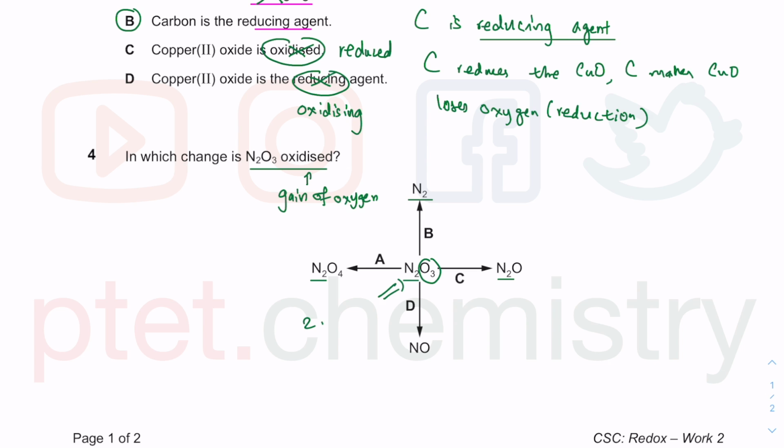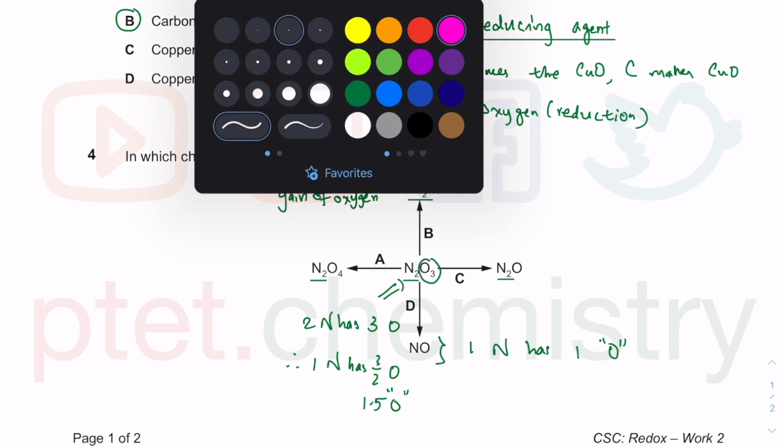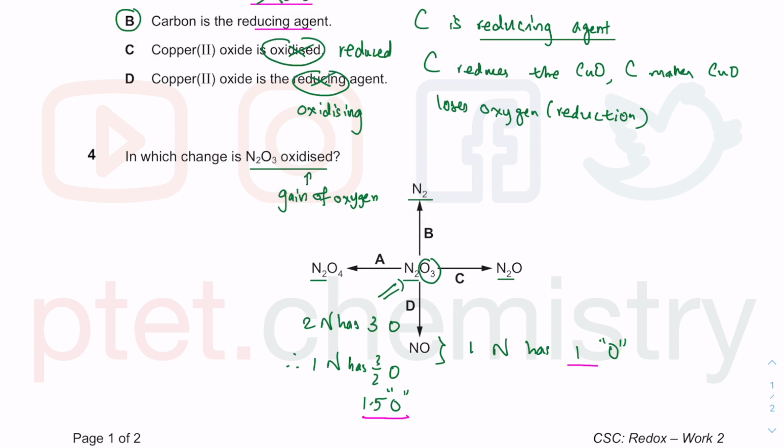So 1 nitrogen has 3/2 oxygen, that is 1.5 oxygen. Now if you look at NO, 1 nitrogen has 1 oxygen. So looking at 1 nitrogen which has 1.5 oxygen, going to 1 nitrogen has 1 oxygen, D is going to be your reduction because there is a loss of oxygen going from here to here. We're looking at 1 nitrogen atom, so D cannot be the answer.